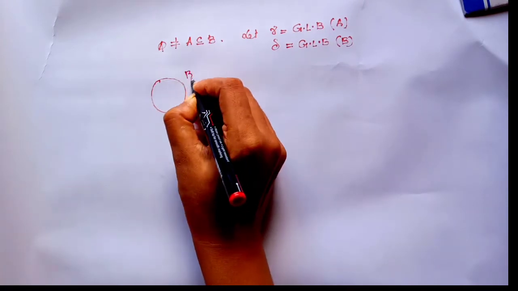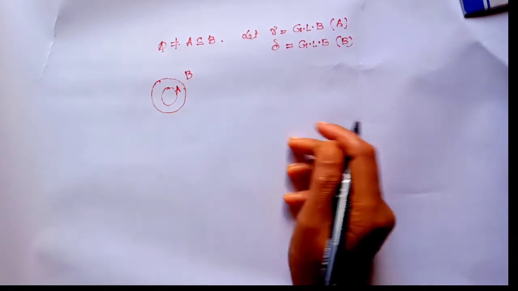This is B and this is A. Have you understood this?